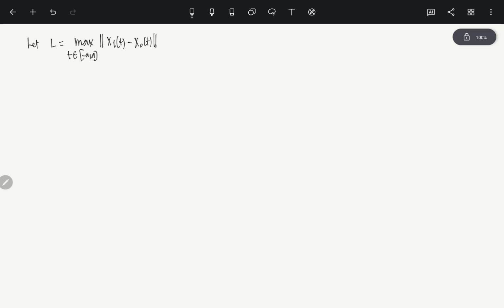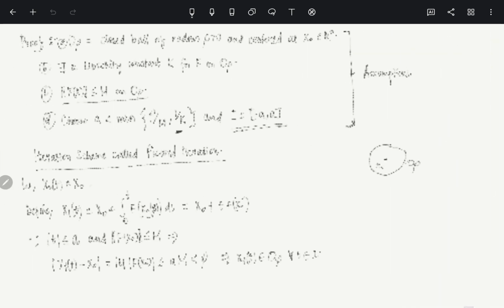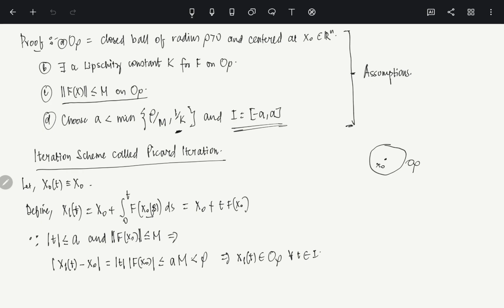You can see that L is less than or equal to am, as we proved earlier. This is the maximum I am choosing, and I am saying that is L. So L is always bounded by am, which is less than rho.